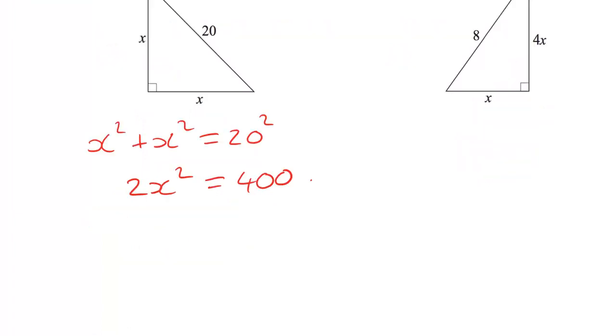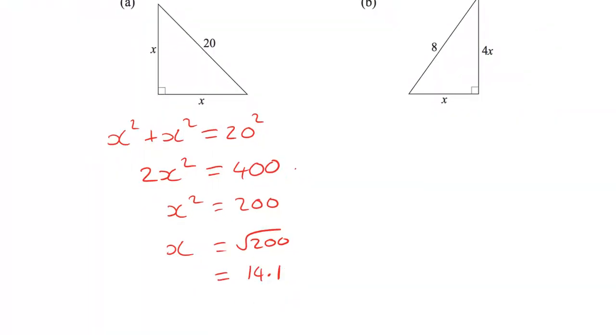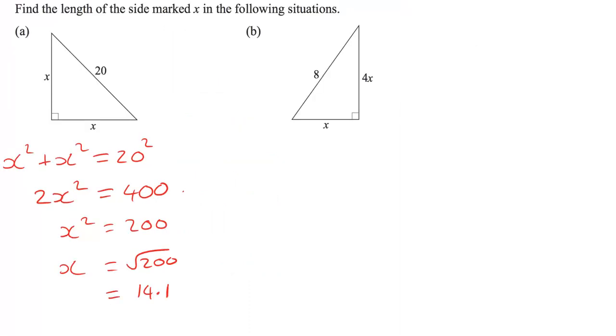Let's solve this as an equation. We can divide both sides by 2 to get x squared equal to 200. Now all we have to do is square root both sides. So x is the square root of 200, which is 14.1. So we've managed to find our x there. Let's go on to B.